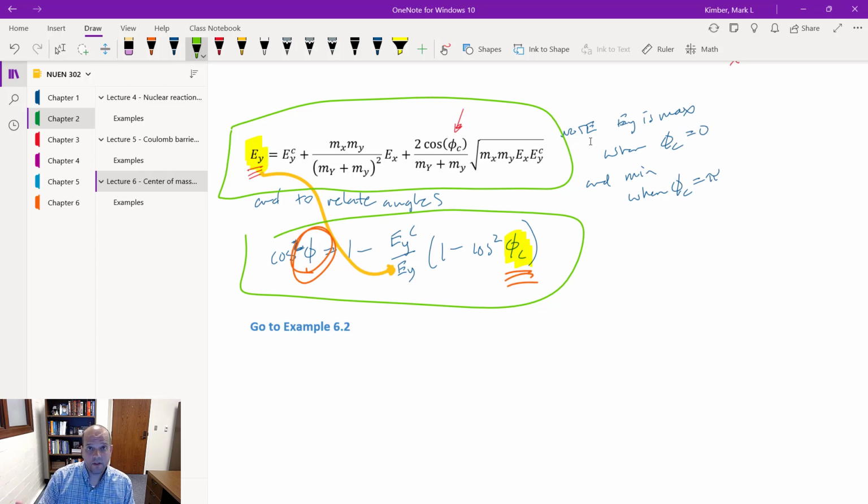So the number of protons and total number of nucleons of both reactants and both products. I send those inputs into my calculator, and out comes the corresponding values of EX, E capital X in my center of mass reference frame, EY, E capital Y in my center of mass reference frame, EY in my lab reference frame, and phi in my lab reference frame.